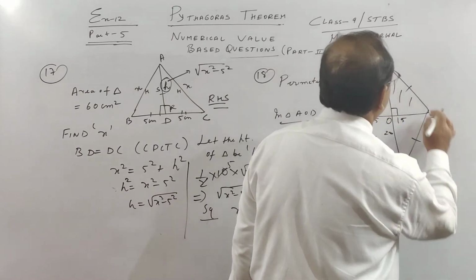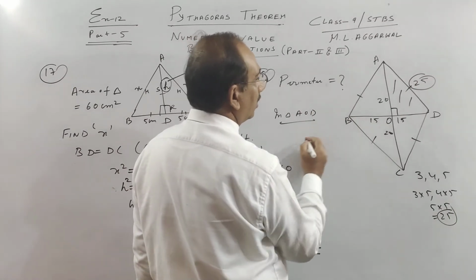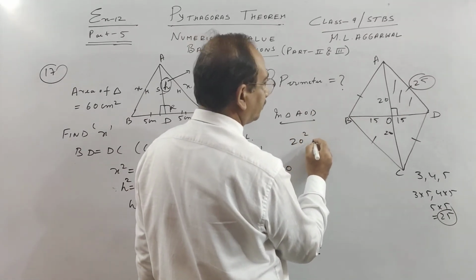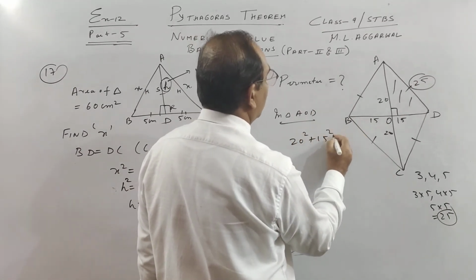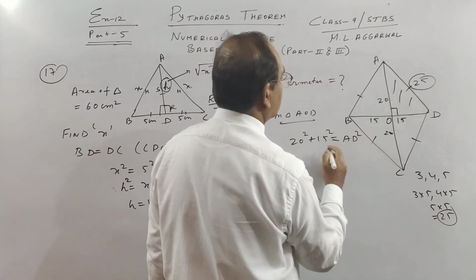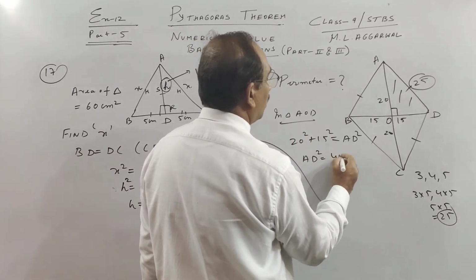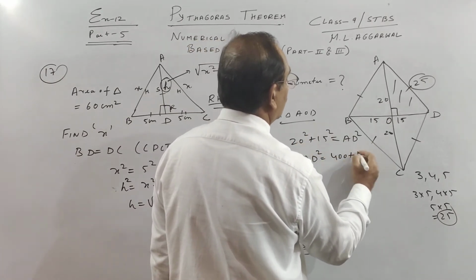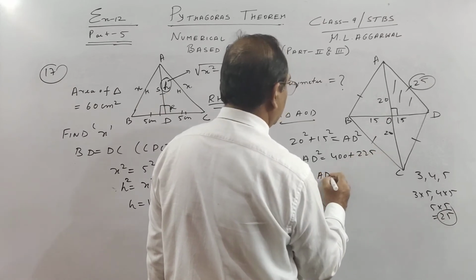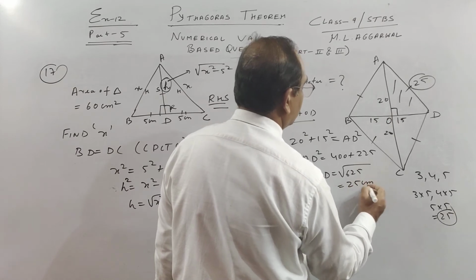So we will get this as 25. See how we get? By Pythagoras theorem, 20 square plus 15 square is equal to AD square. AD is one side, children. All sides are equal. So AD square is 400 plus 225. AD is root over 625, which is 25 centimeter.